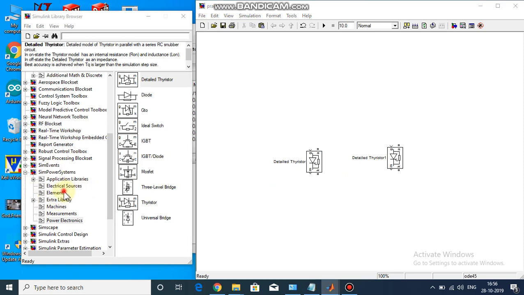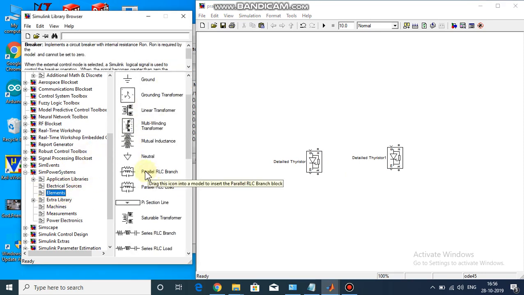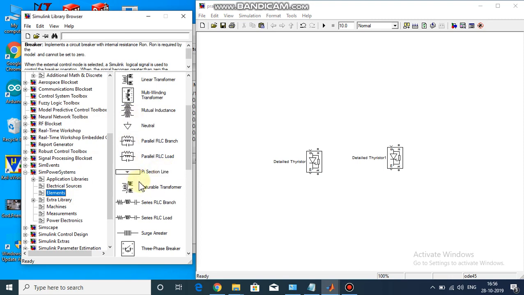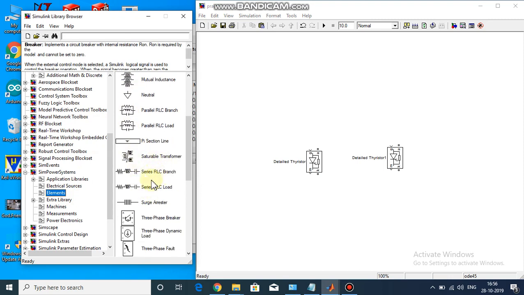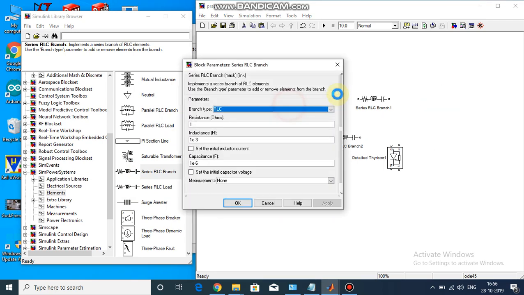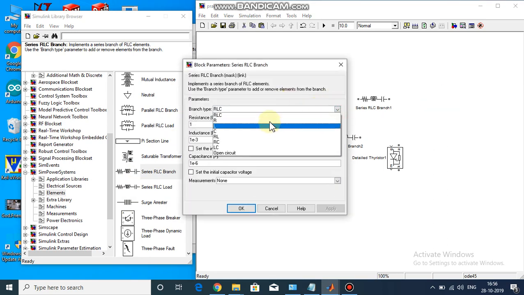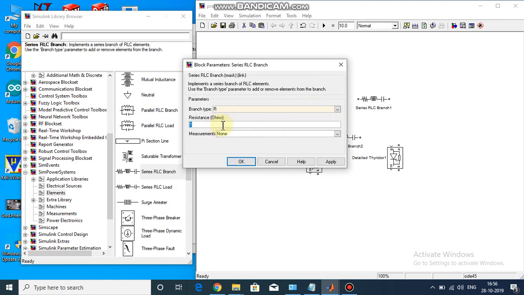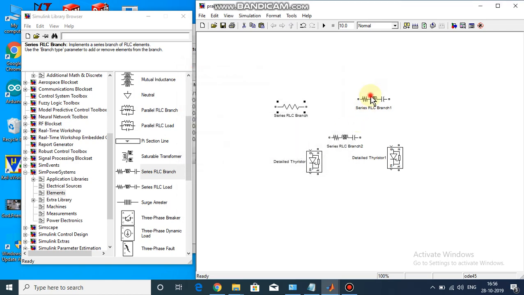We need elements because we need a resistor. Resistor is not available directly, so we'll use this series RLC branch. We need two of them, two resistors and one capacitor. So even the capacitor we can manage through this. So we need two resistors. Here we will select R, and the value given here is 6 ohms.